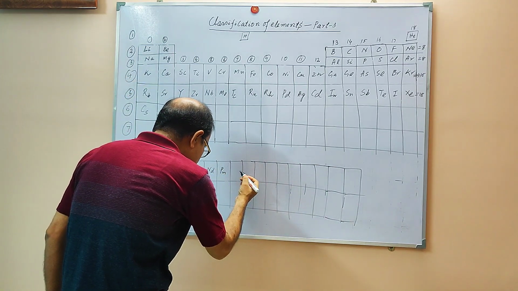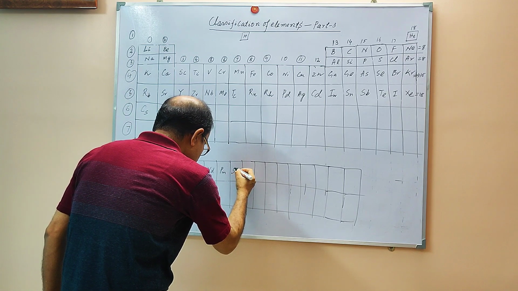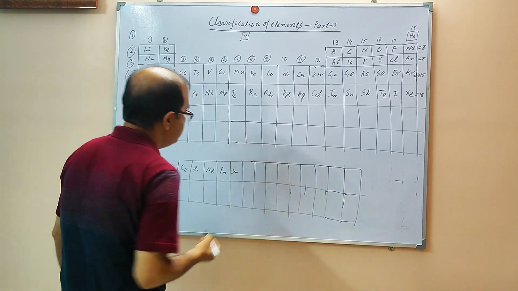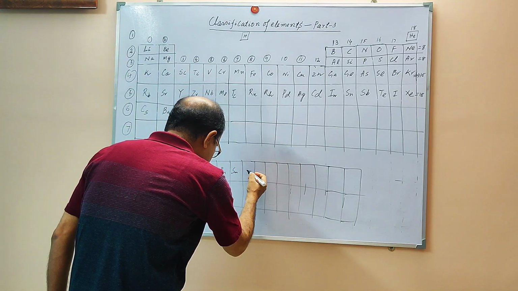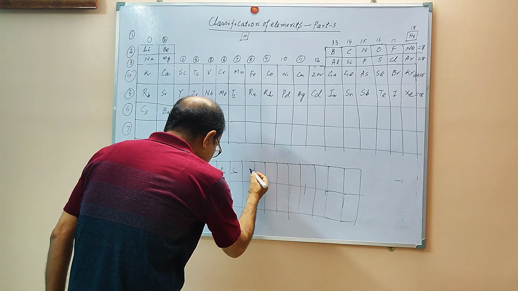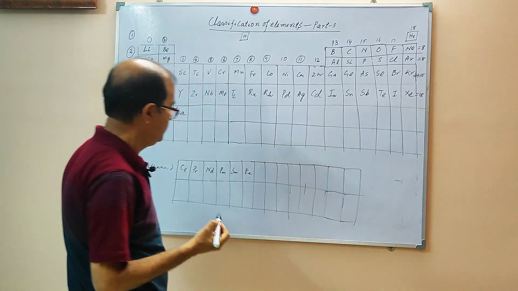The next element is samarium, then the next element is Eu, europium.